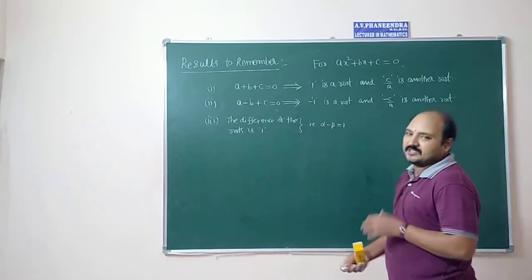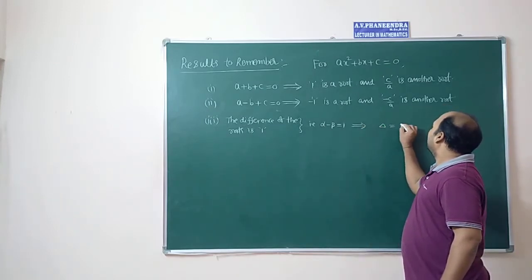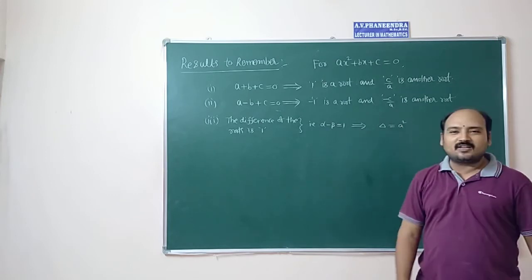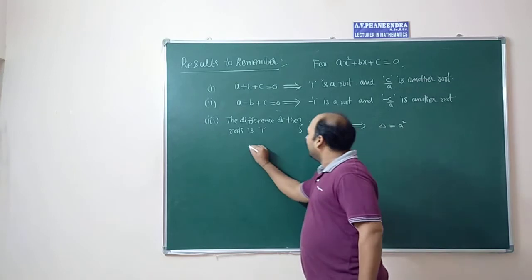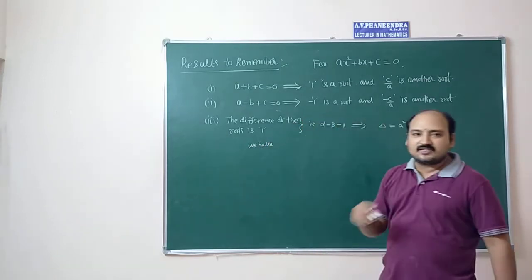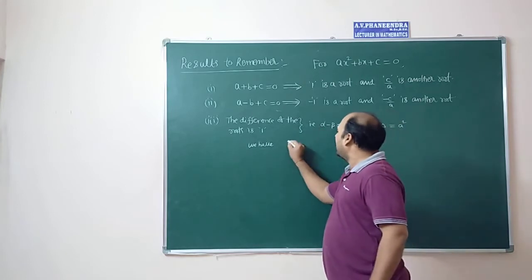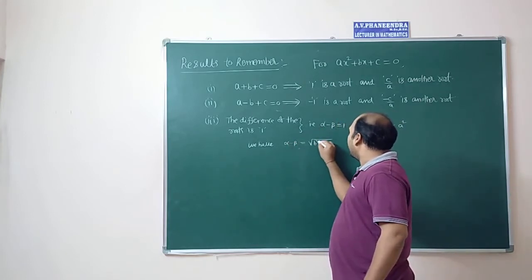What are we going to get? That implies that delta equal to a square will come. How are we saying that delta equal to a square, sir? We know, in previous sessions, I discussed that alpha minus beta is equal to square root of b square minus 4ac divided by mod a.